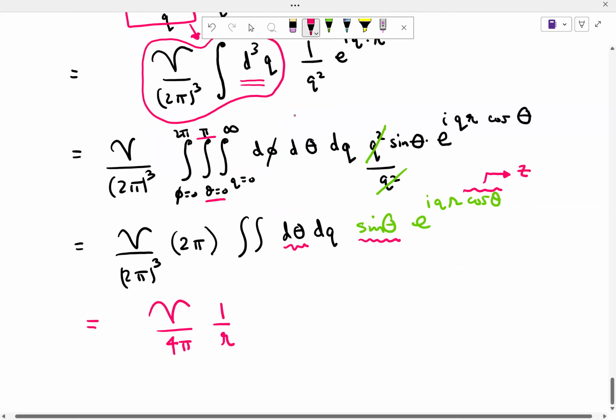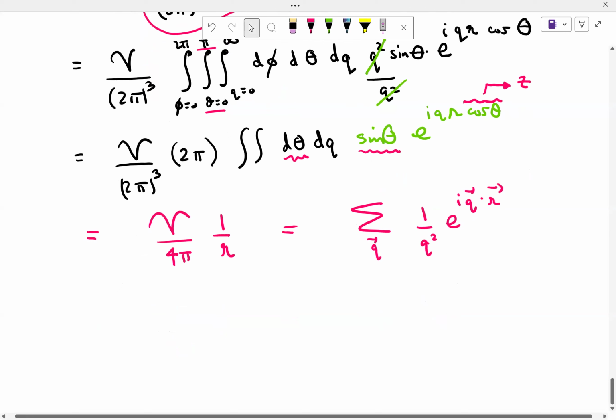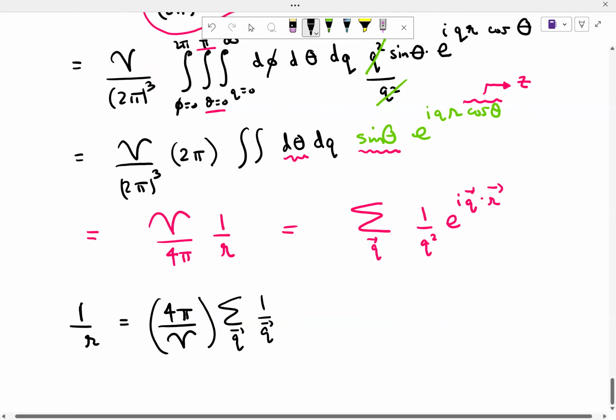Okay, 1 over r. So this is the sum over all q's of 1 over q squared e to the i q dot r. So what this also means is that 1 over r is 4 pi over the volume, sum over q, of 1 over q squared e to the i q dot r.